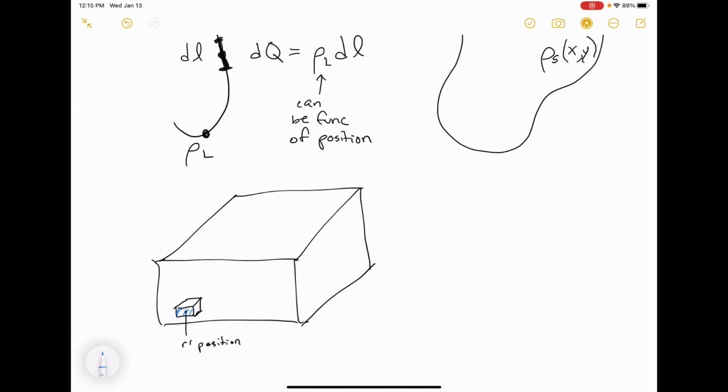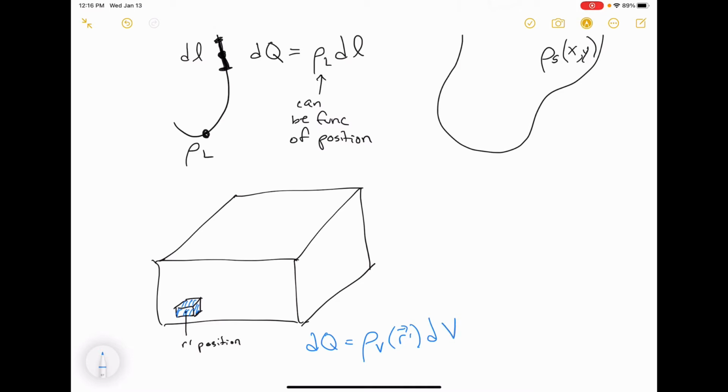Then the amount of charge that is inside that little differential volume, dq, is going to be the volume charge density at that position r prime times the differential volume element.